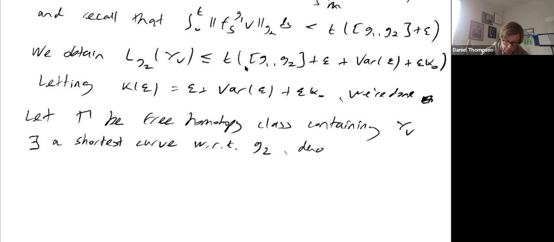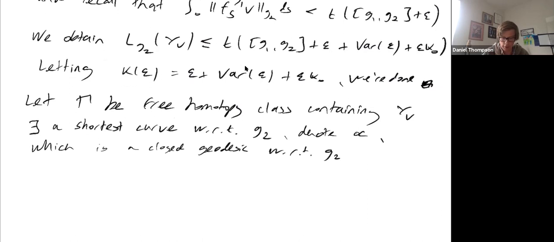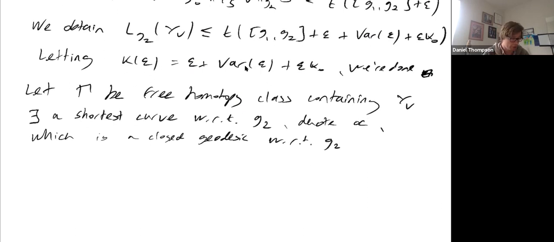which I'll denote alpha, which is a closed geodesic with respect to G2. So the shortest thing in the homotopy class is the closed geodesic for G2. I'm doing distance upper bounds here.